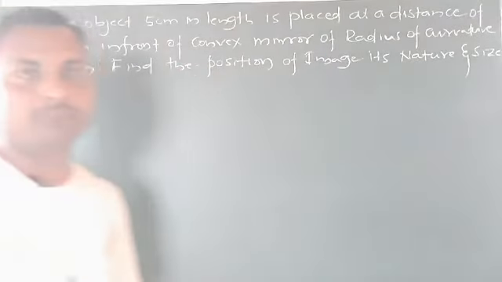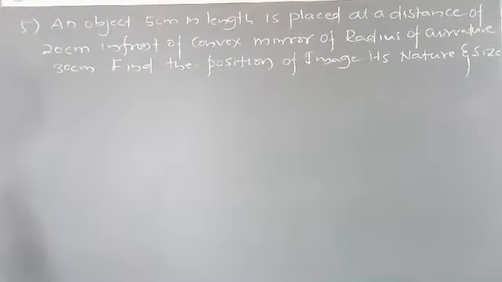Well students, we have the next question. An object 5 cm in length is placed at a distance of 20 cm in front of a convex mirror of radius of curvature 30 cm. Find the position of image, its nature and size. An object 5 cm in length, so the length of the object is given.